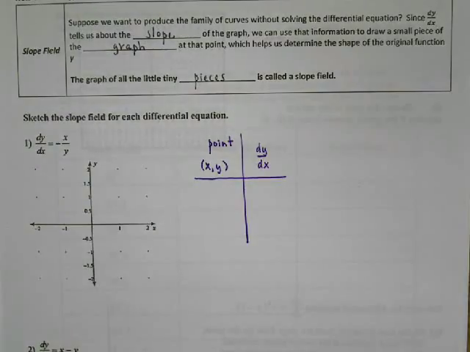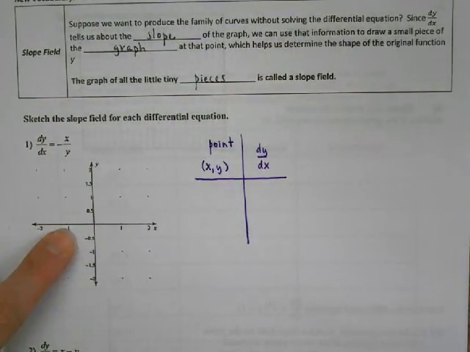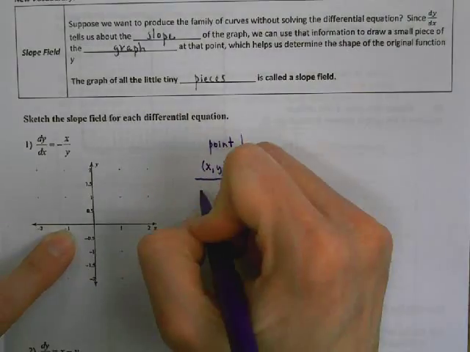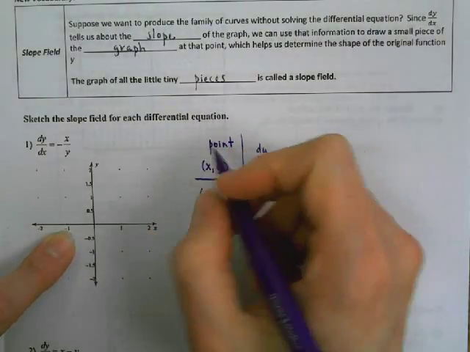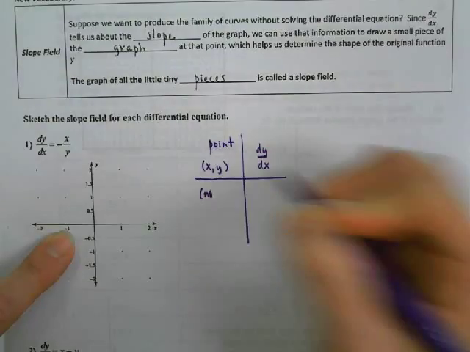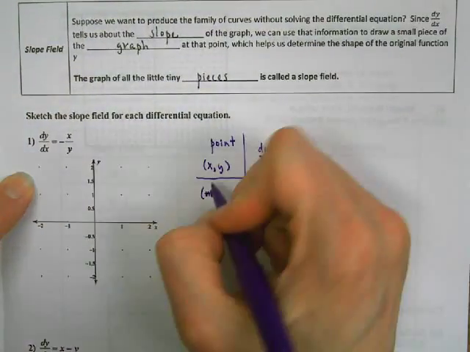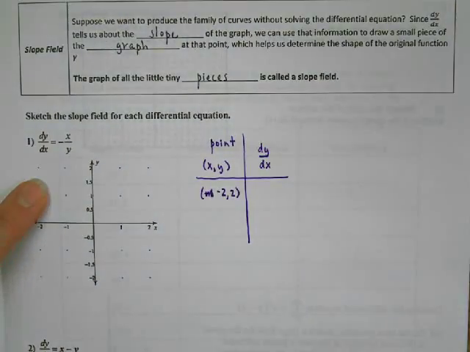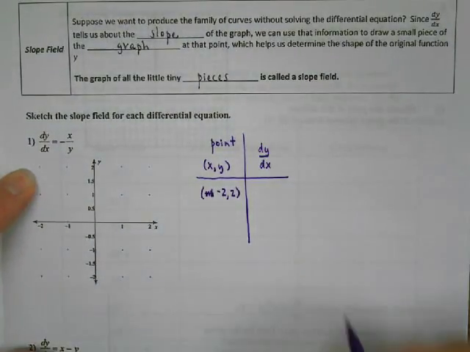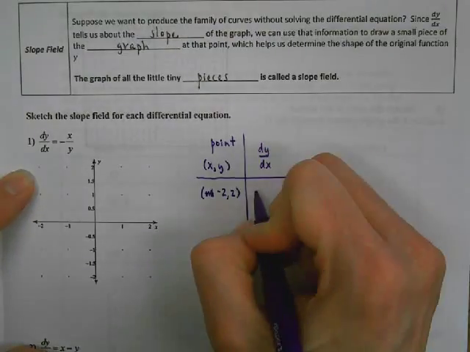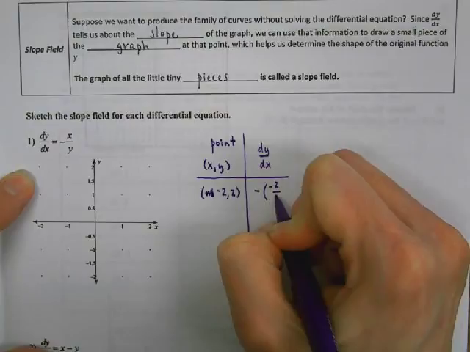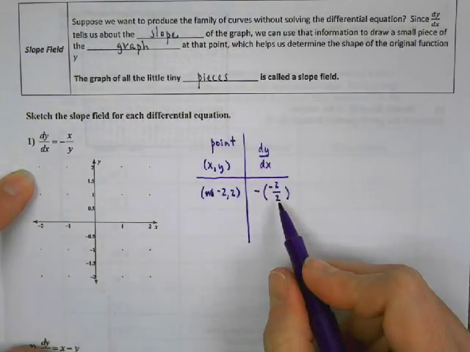So let's go ahead and start at the point, actually, let's avoid that for right now. Let's start at negative 2, 2. So if I plug that in, it tells me to take the opposite. x is negative 2 and y is 2.